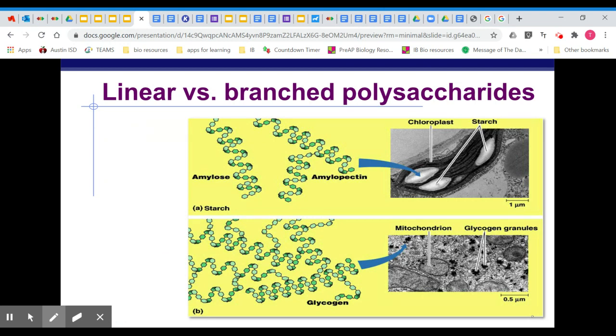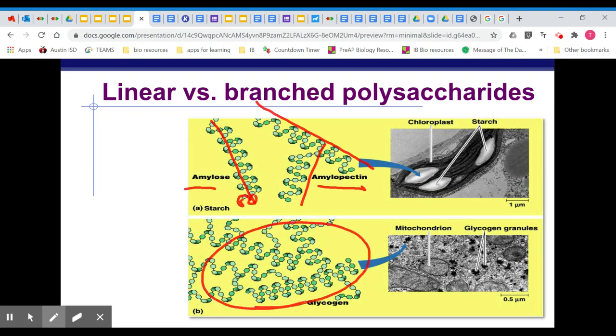And if you look at those structures, you can see that they're all made up of these long chains of sugars. But if you look at, say, amylose or amylopectin, you have these long chains. Amylopectin has a few side branches. Amylose is another long kind of curlicue strand, but there's not a lot of branching on those, which means that it's pretty easy for us to pluck off one at a time, but it's a slow release of energy.